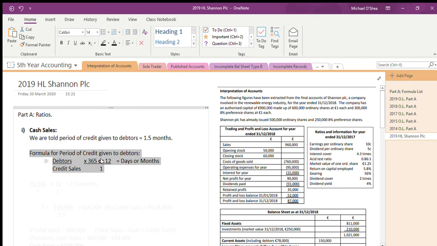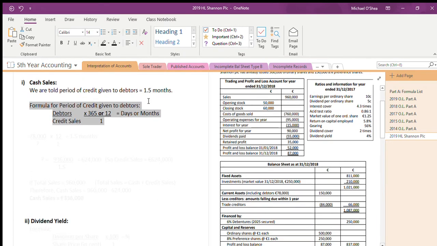So they've asked us to find cash sales, and they've told us that the period of credit given to debtors is 1.5 months. That's a hint that if we were to do out this formula and put it equal to 1.5 months, then we should be able to work back and find the missing figure, which in this case is credit sales. Then we'll have credit sales, we know total sales, and we'll find cash sales. So the formula here, if I plug in the figures, I know that my debtors is 78,000.